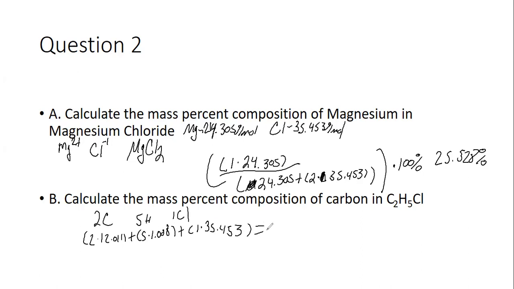Add that all up together, and the weight of C2H5Cl is 64.515 grams per mole.